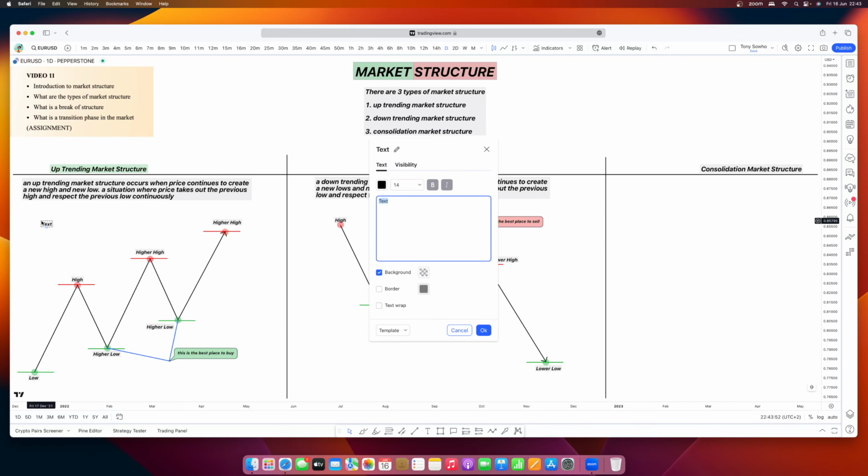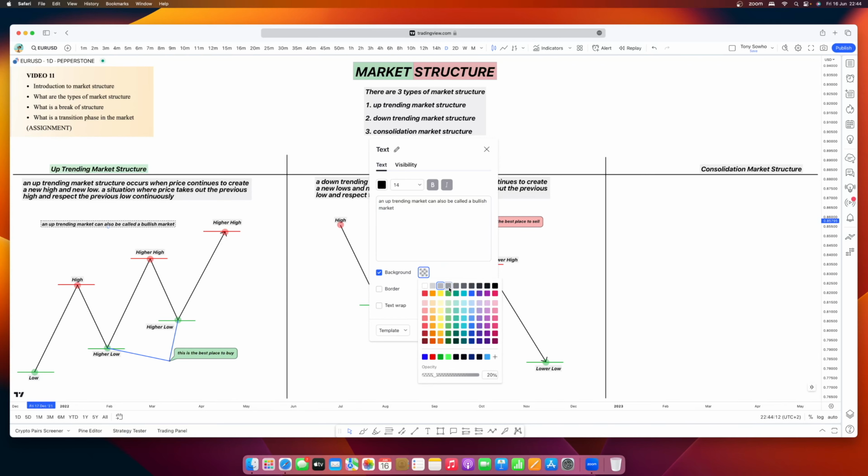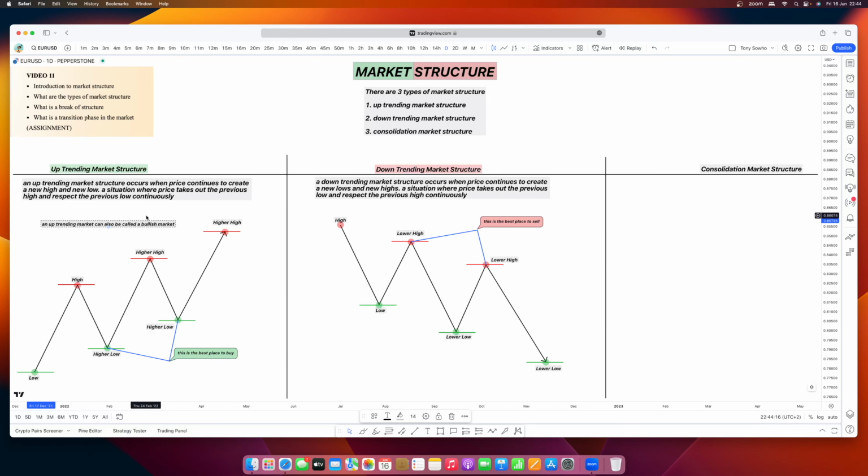So now quickly, another name for an uptrending market. So we can say an uptrending market can also be called a bullish market. So don't get confused when you hear the word bullish. An uptrending market can also be called a bullish market. That's it. So don't forget that.